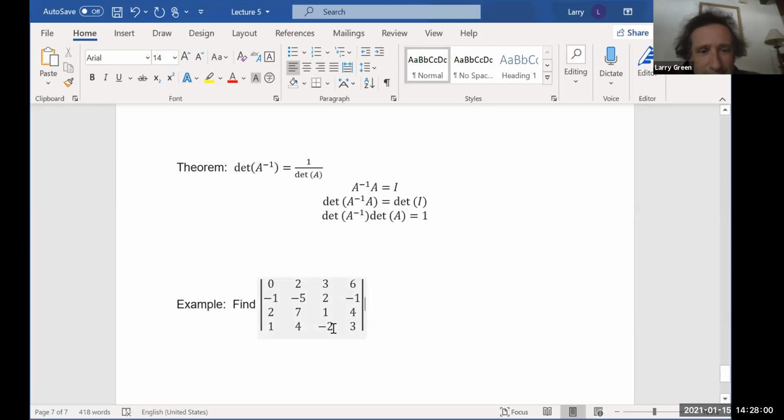Well, how do you find this messy determinant? What can you do? Any thoughts? Okay, what you can do is you can RREF.